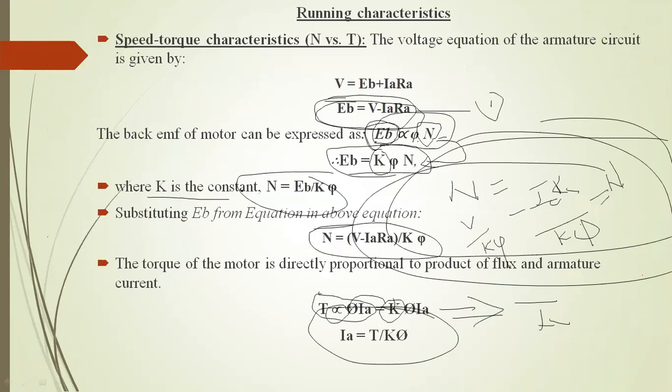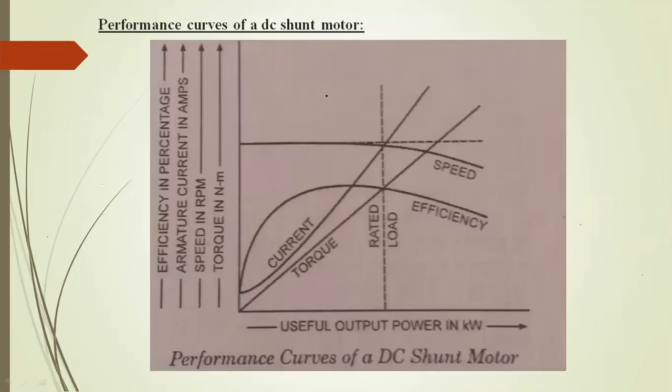Now finally, for the DC shunt motor, how does the complete output performance go? See, this is the additional thing you are going to experience. Other than these, all three characteristics you have discussed now itself are going to be combined.